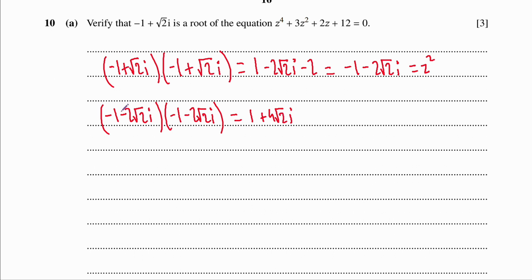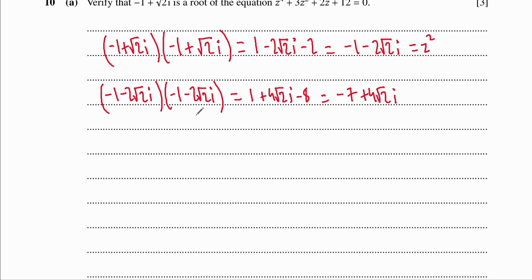Then negative 2 root 2 times negative 2 root 2 gives plus 8, and i squared is negative 1, so minus 8, which ends up giving negative 7 plus 4 root 2i. If that went too fast, try it yourself with pen and paper and it will make sense. It's just FOIL. So this is z to the power 4.